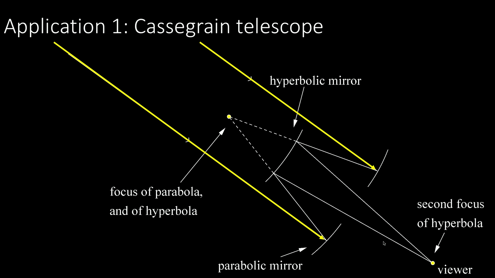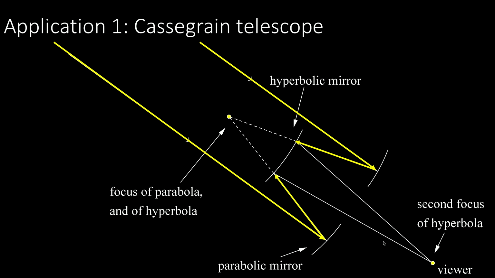Then it bounces off that, and of course, as we know, it's going to head towards the focus of the parabolic mirror. But before it gets there, it hits another mirror. And the second mirror that it hits is part of a hyperbola. And remember that the property we've just found out is that light that's heading towards one focus of a hyperbola will bounce off and be directed towards the other focus.